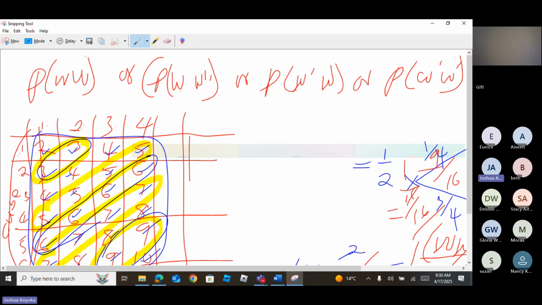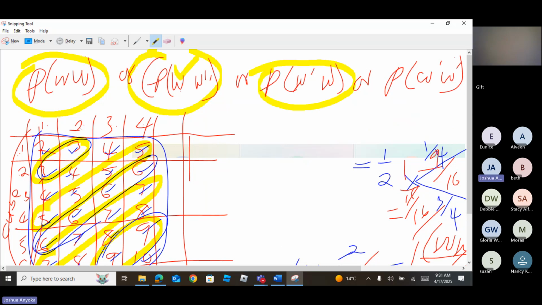So when we are told at least 1, it means this one qualifies. At least 1, it is 2 or 1 or more. This one also qualifies because there is 1 win here. This one also will qualify because there is 1. So the only thing remaining that does not qualify is this one.